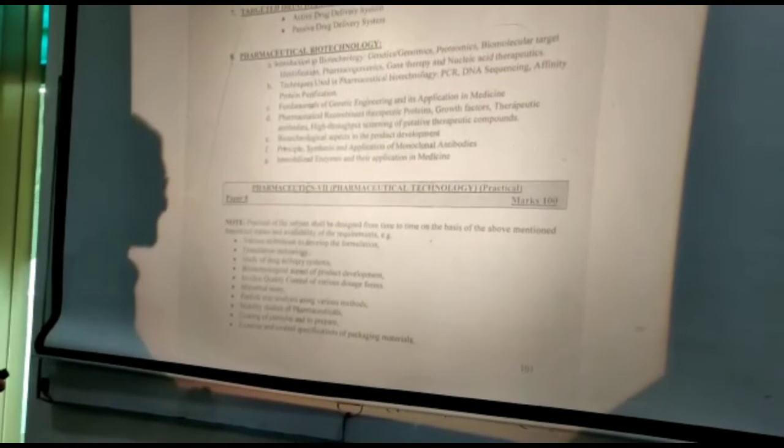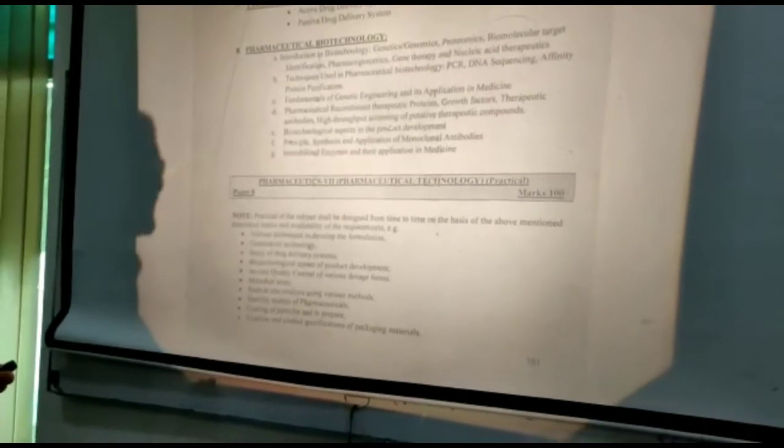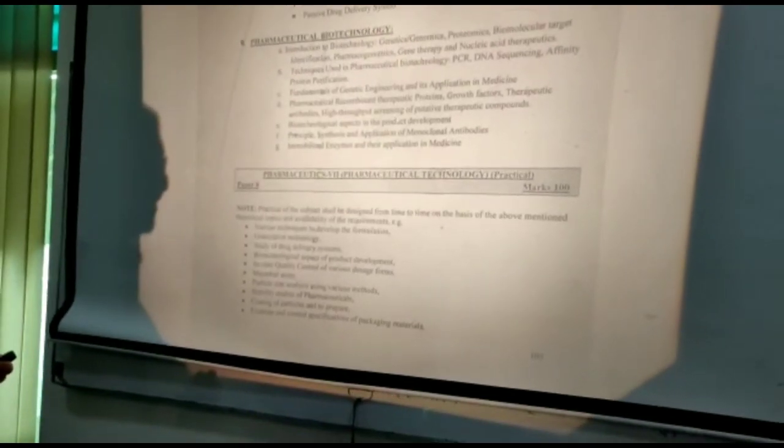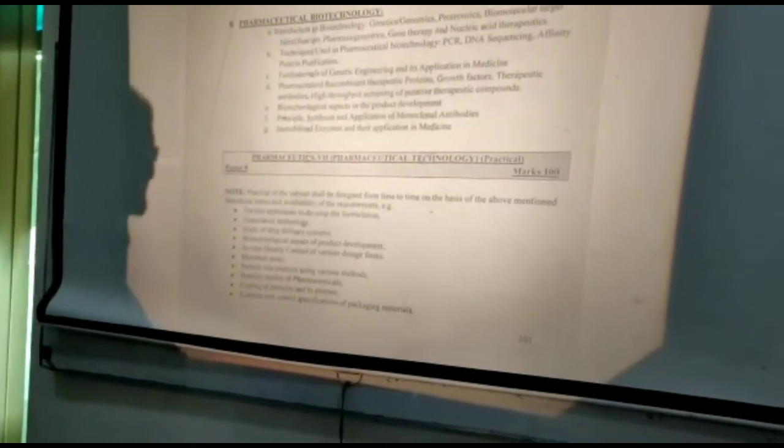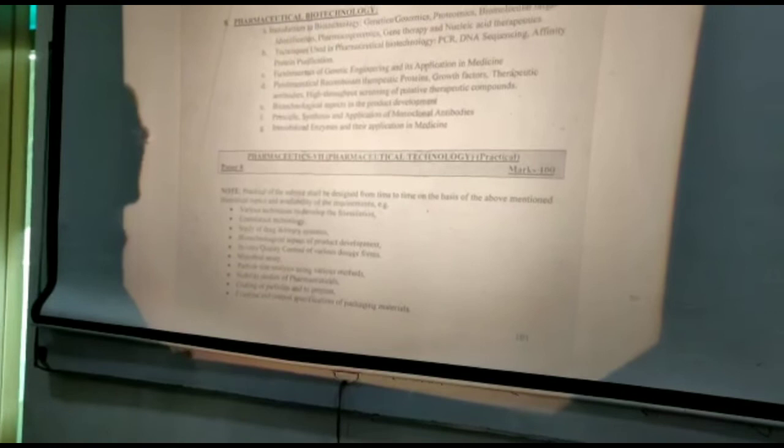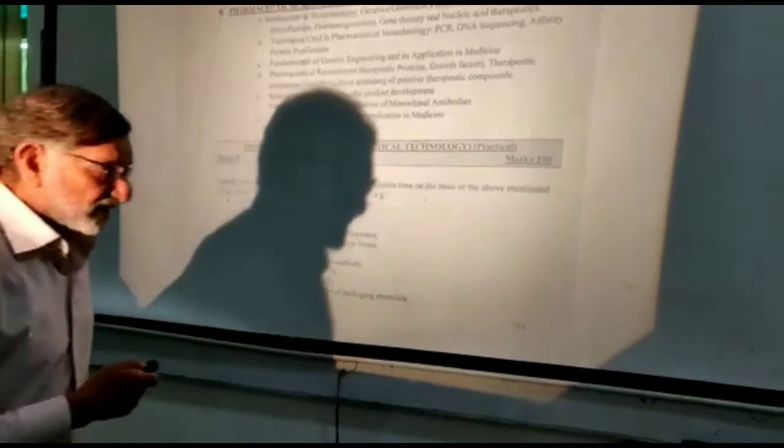Now, biotechnological aspect in product development. We did discuss a lot about it, and we discussed various phases through which we would be able to get the most modern medicine, what we call molecular medicine. Now, principle, synthesis and application of monoclonal antibodies. We did discuss a lot about it while we were sharing about it.